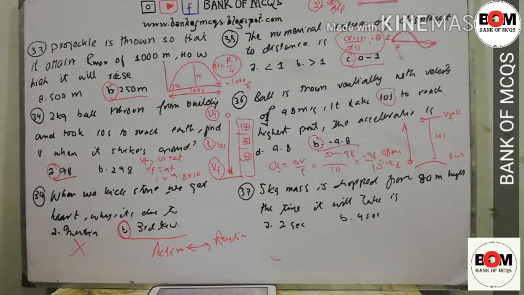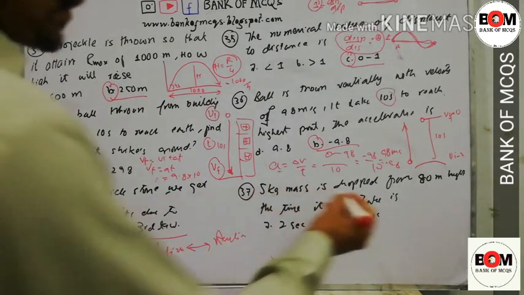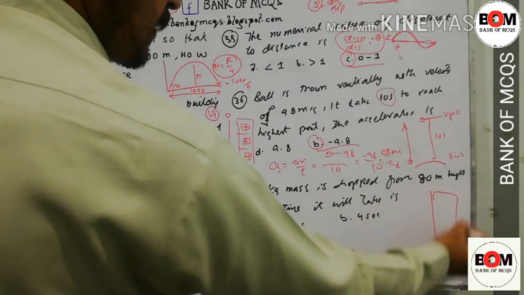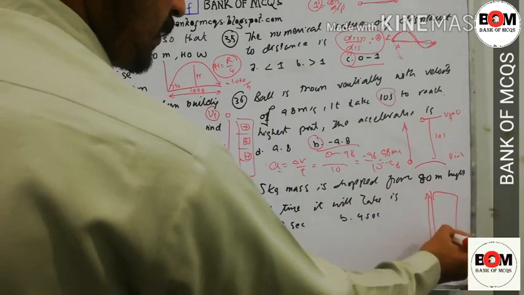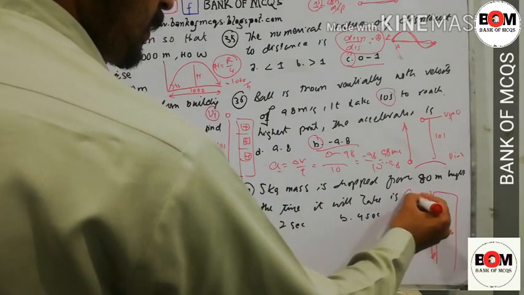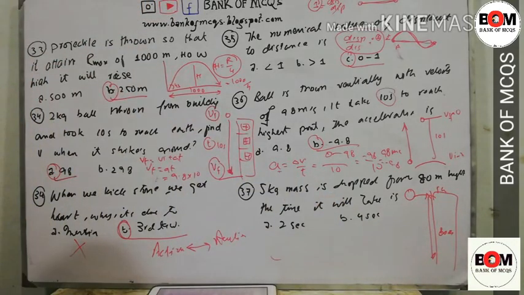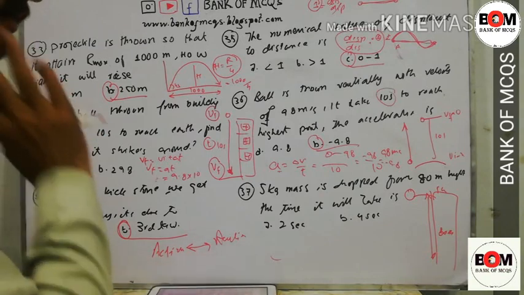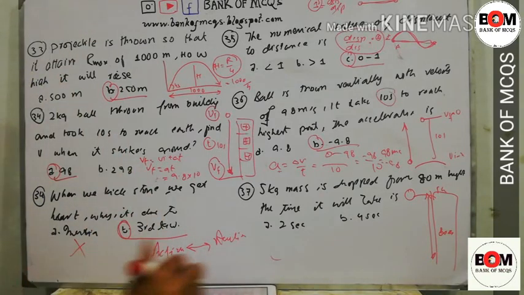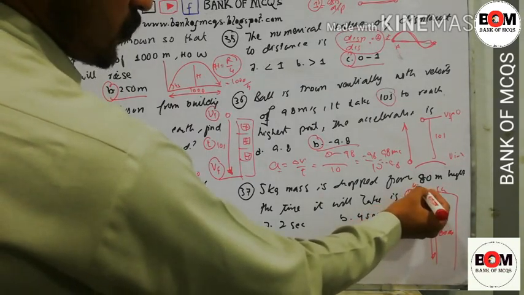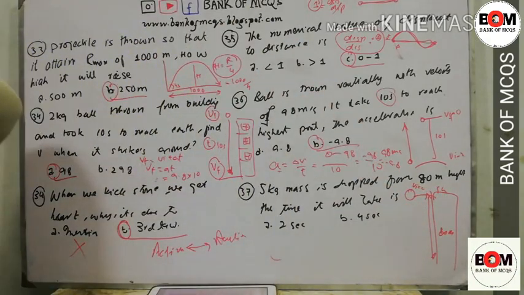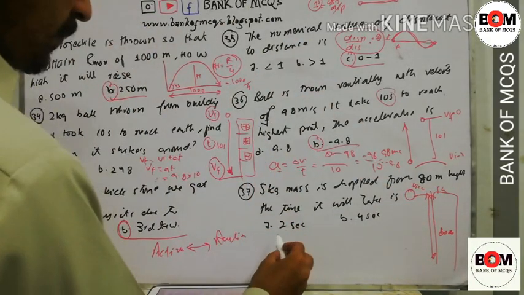Next: a 5 kilogram mass is dropped from 80 meters. This is an 80 meter tall building. The body dropped is 5 kg. How much time will it take to reach the earth? We know its initial velocity is 0 and we are asked to find the time.